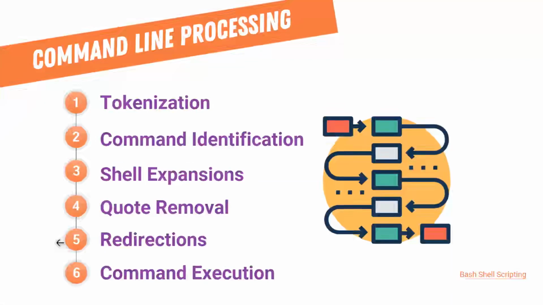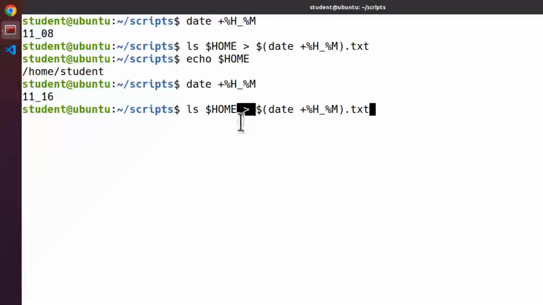In this step, the shell will look for any redirection operators. There's one redirection operator, the single greater than sign, which performs output redirection. The shell will know that it has to redirect the output to a file instead of the standard output, which is the terminal.